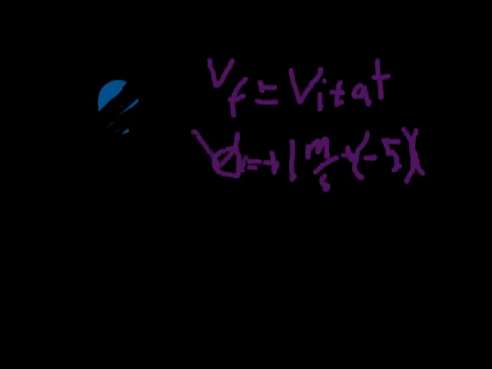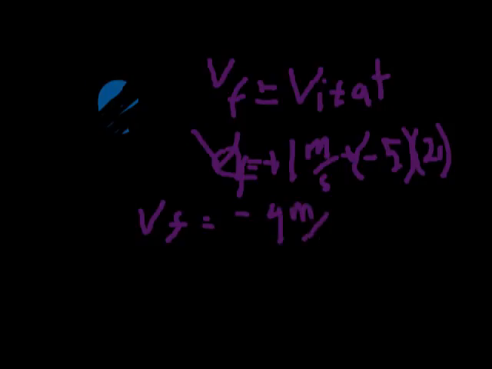Let's say the final velocity of the object is not 0. And then let's say for 2 seconds, the object's final velocity would be negative 9 meters per second. So for less than 2 seconds, the object's velocity is already pointing in the direction of the acceleration.